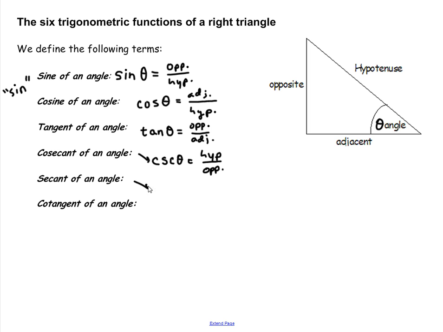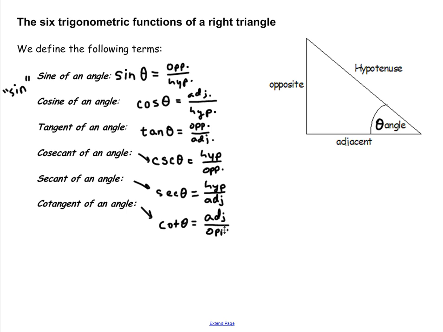We're going to say a similar thing about secant, except that secant happens to be the reciprocal of the cosine function. So we're going to take the hypotenuse this time and divide it by the length of the adjacent side. And then finally, our cotangent of the angle, we write COT, of theta, is going to be the reciprocal of our tangent. So we're going to take our adjacent side and divide it by the opposite side this time.